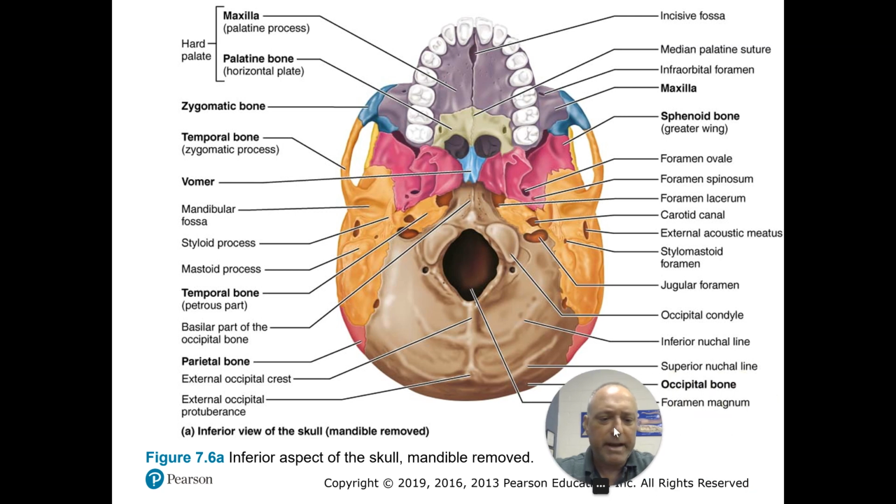We've got the foramen magnum, where the spinal cord exits. The occipital bone has a couple different markings, like the external occipital protuberance, as well as the external occipital crest.